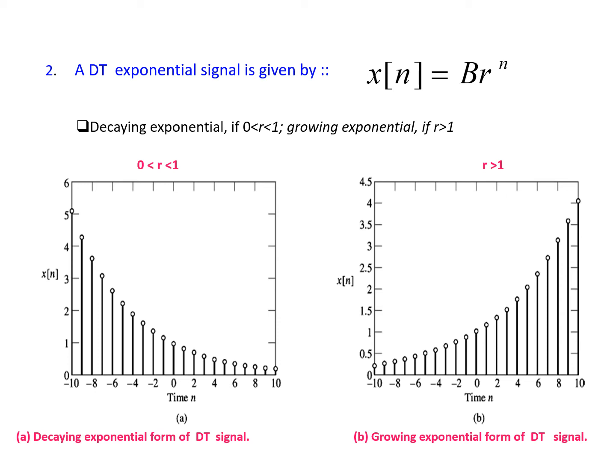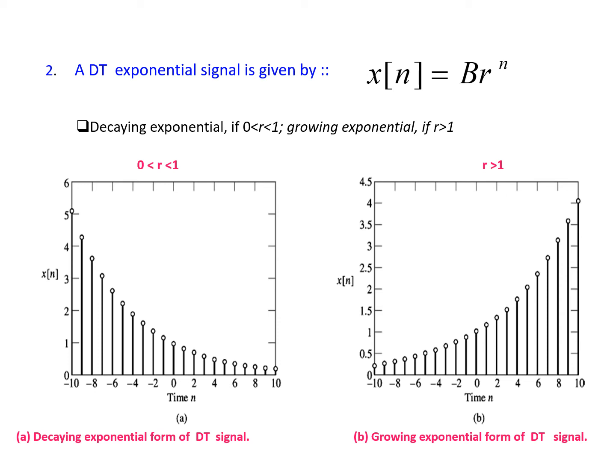Both decreasing and increasing exponentials in discrete form have been shown here. Now when r, the value of the exponential function, is a fraction, that is if r is between 0 and 1, a positive fraction, then the whole signal is decreasing.